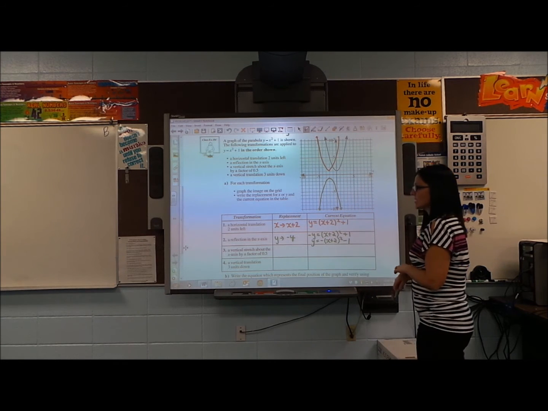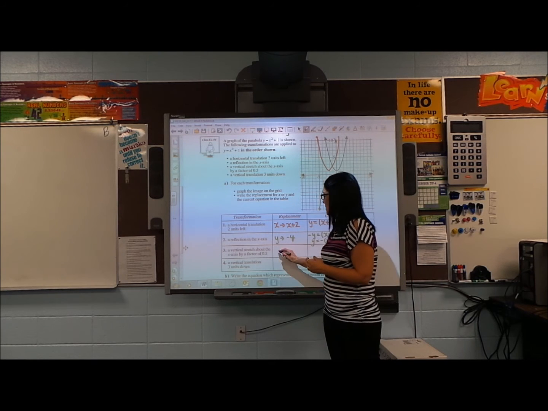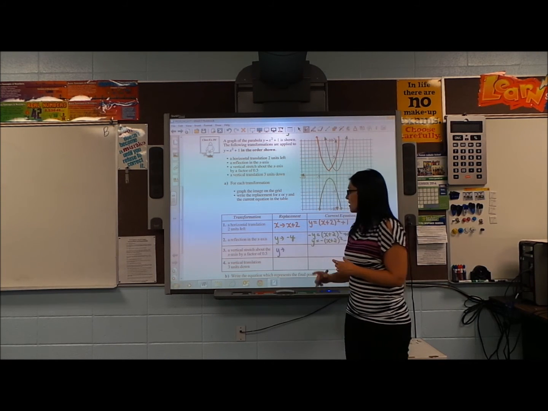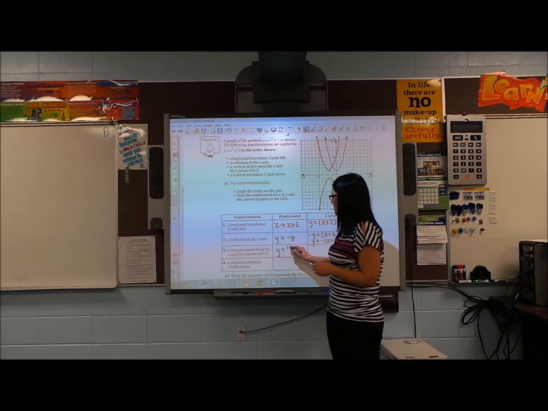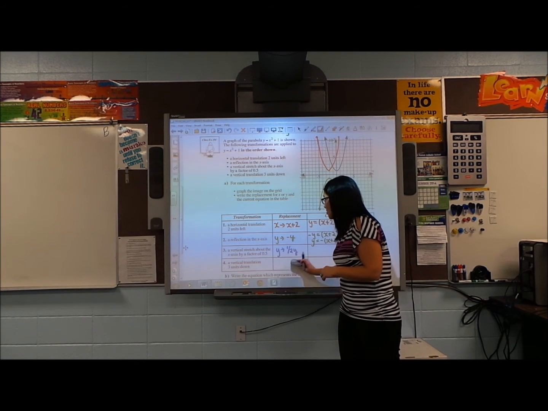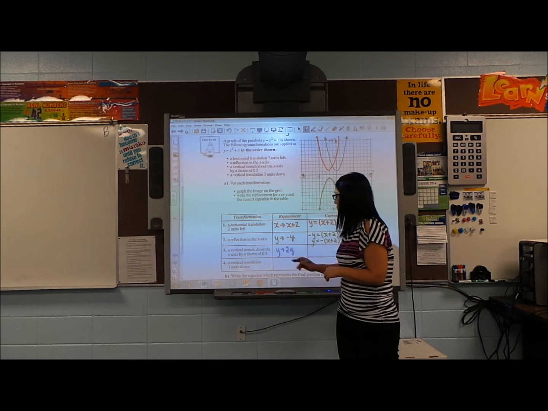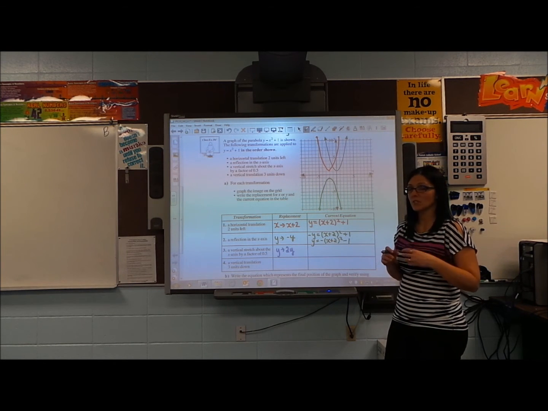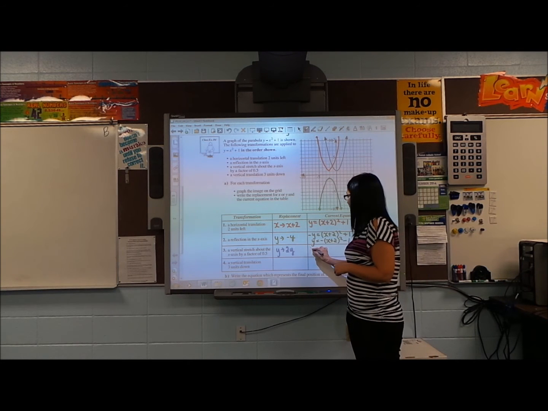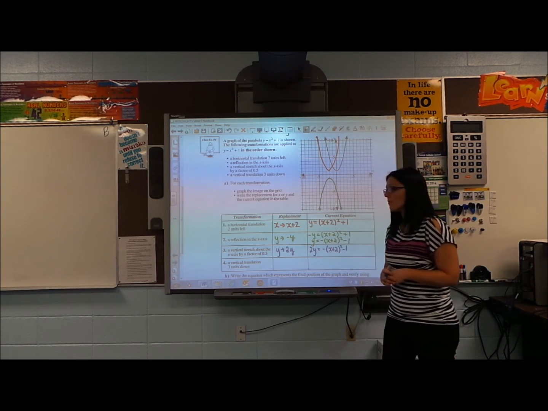Vertical stretch about the x-axis by a factor of 0.5. Vertical stretch means I'm replacing my y's. A factor of 0.5 becomes a replacement of 2, because replacement is the reciprocal of the factor. So now I have 2y equals negative (x plus 2) squared minus 1.